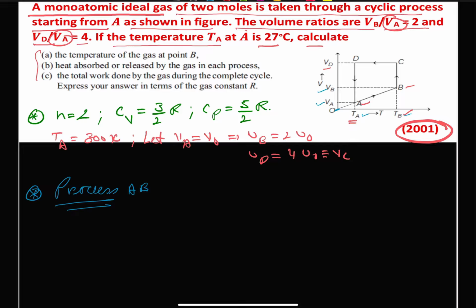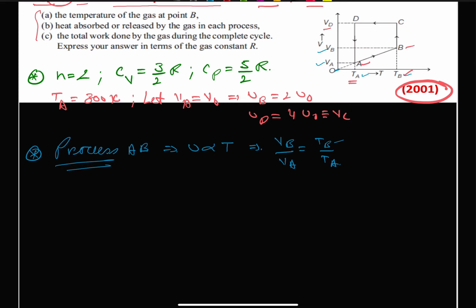From here we can conclude that volume is directly proportional to temperature. So we can write VB upon VA is equal to TB upon TA. Because we are interested in finding TB, we wrote the ratios in the reciprocal manner. Normally we would have written VA by VB and TA by TB, but it doesn't matter.